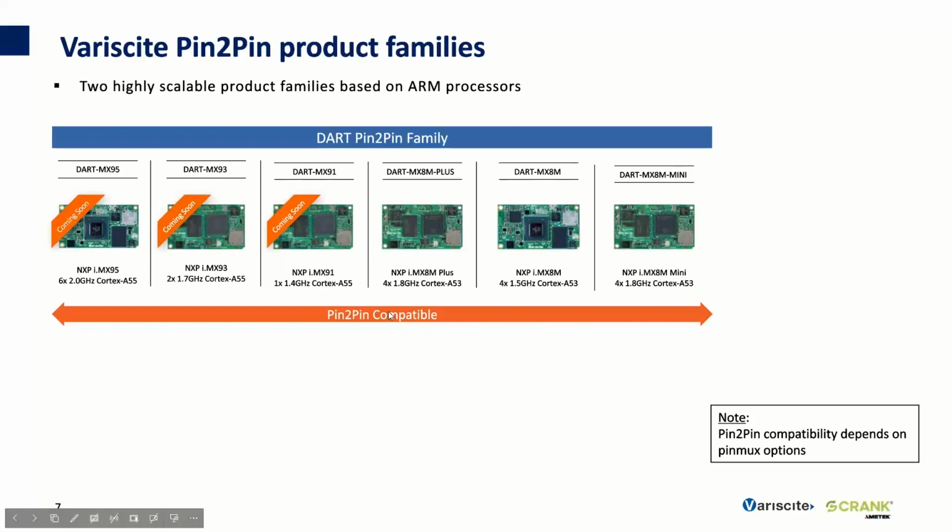But even in this case, you can just unplug the SOM, plug in another SOM, change the software, and that's it. For this family, we started with the 8M. We upgraded as soon as NXP released it with the 8M Mini and the 8M Plus.